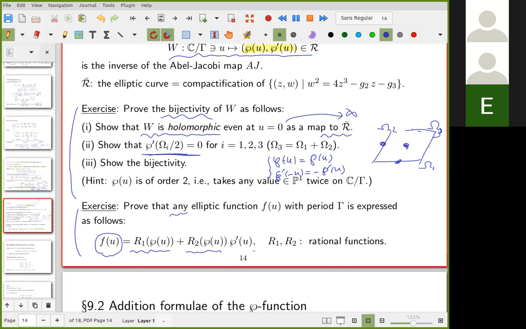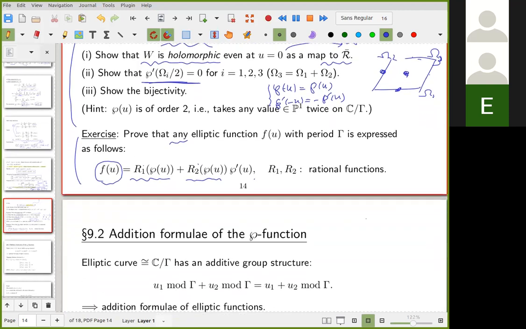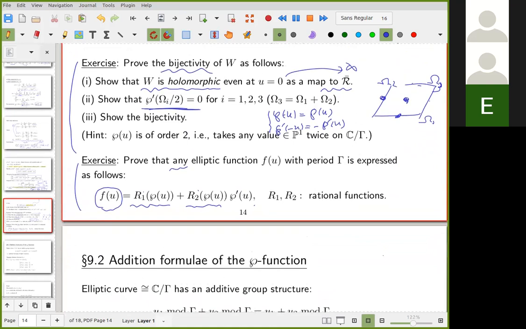Well, how to find these rational functions is a little bit complicated, so I put several hints in the exercise program. We do not use this property further, but it shows that the P function is a fundamental object in the theory of elliptic functions.